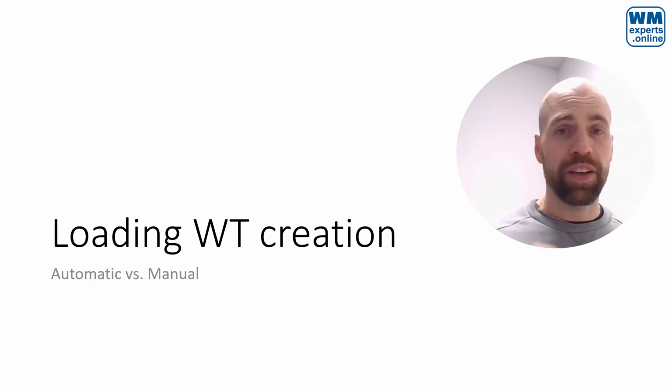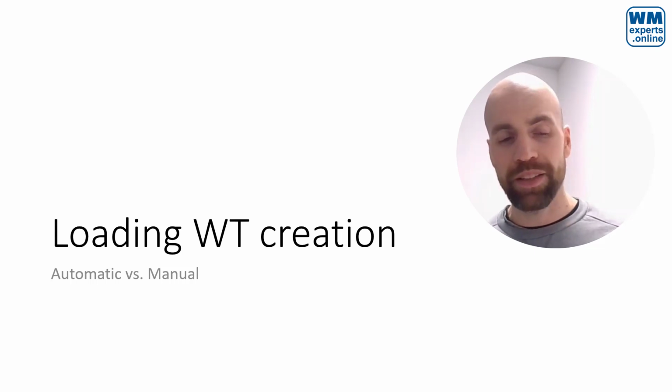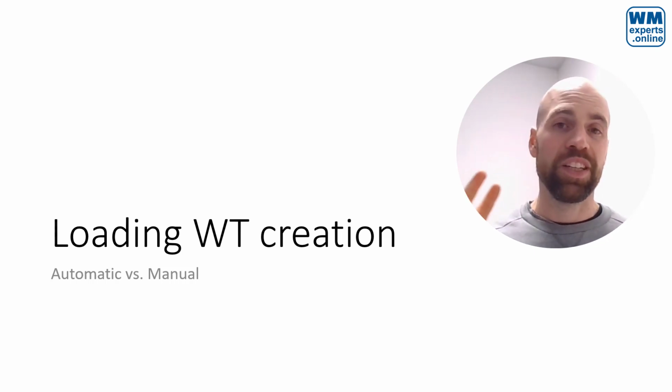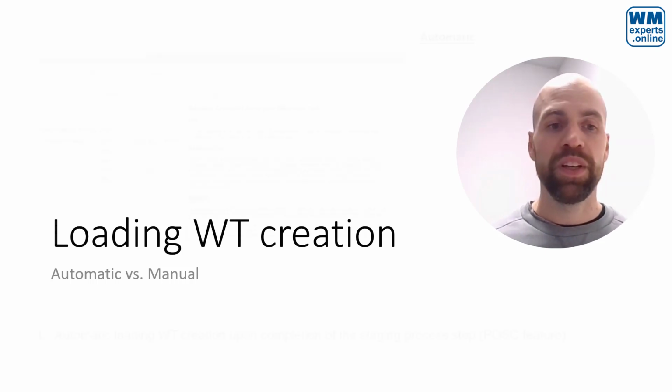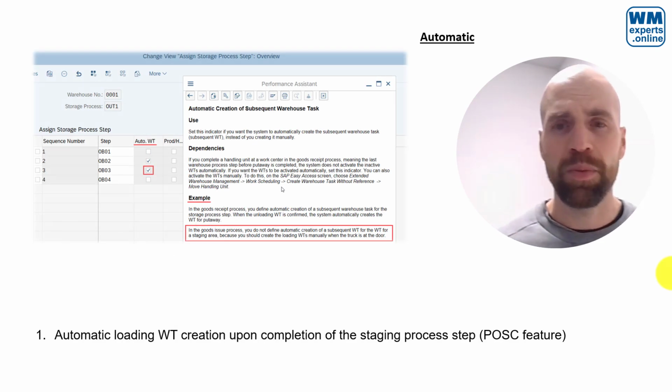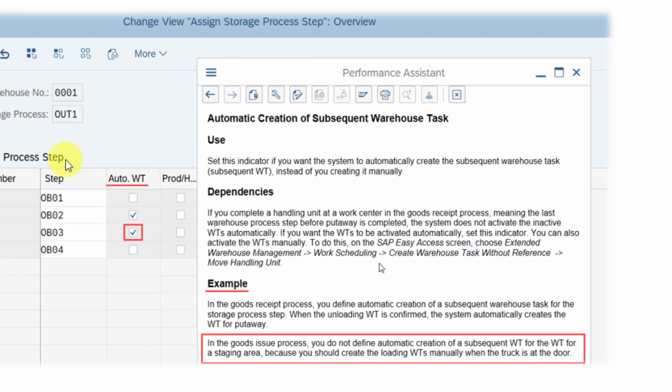In addition to this, I think it is important to understand how loading warehouse tasks are actually being created in EWM. And here we have in general two different options, an automatic creation and a manual creation. To start with the automatic one, there are two main options. One of them is this tiny little flag here, which you can set in the customizing as part of your storage process.